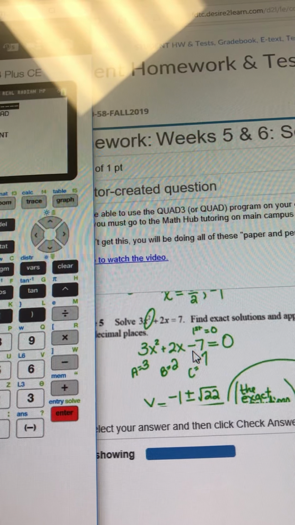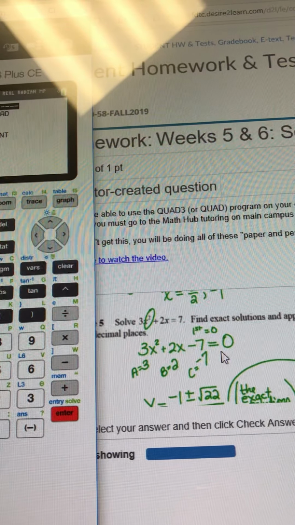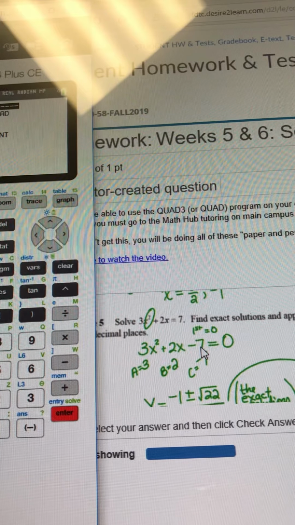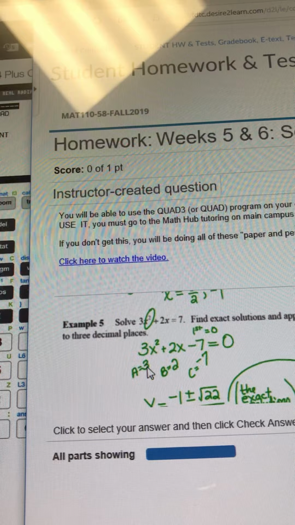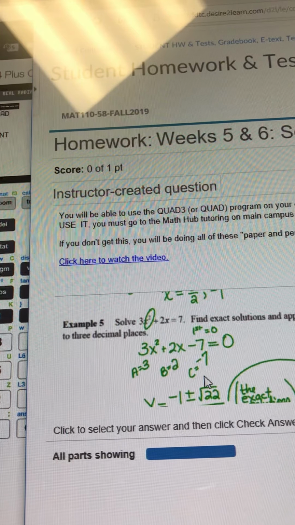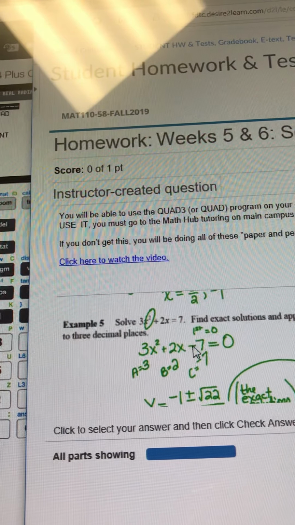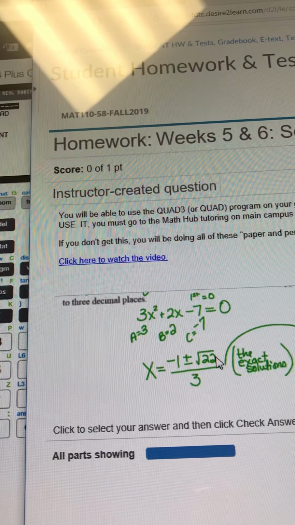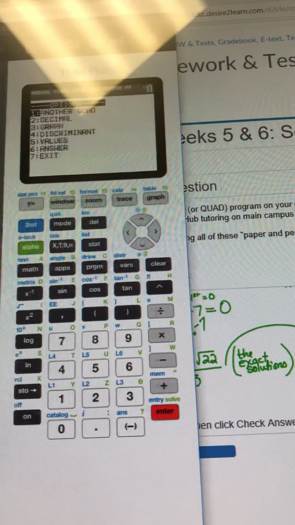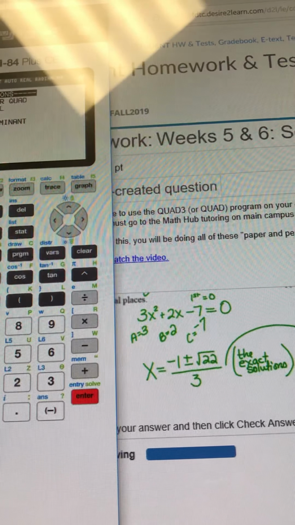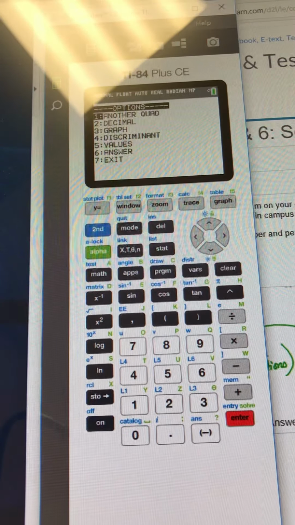So we subtract 7 from both sides. Now I've got my quadratic, which means I can use quad 3. My a is 3, b is 2, c is -7.